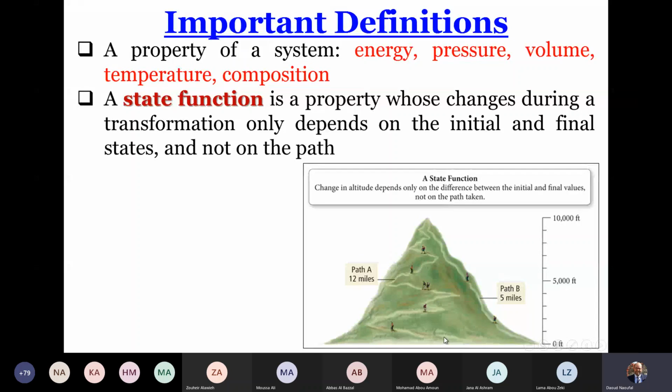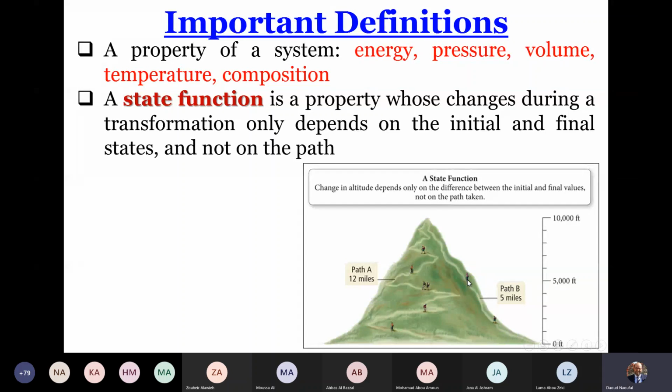The first follows path 1. This is path A, 12 miles. And the second person follows path B to reach the same point, 12 miles. So these two persons make transformations.